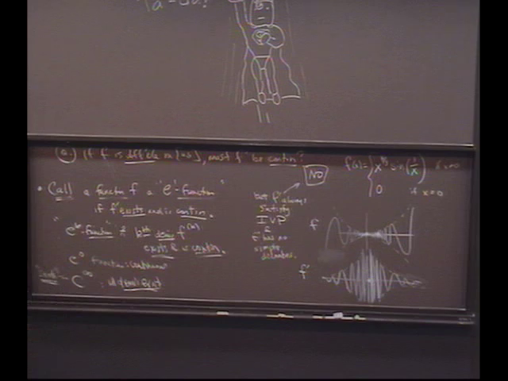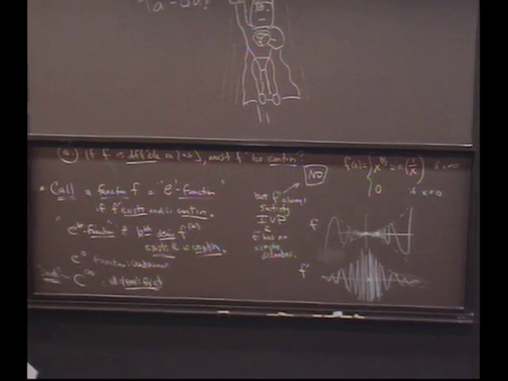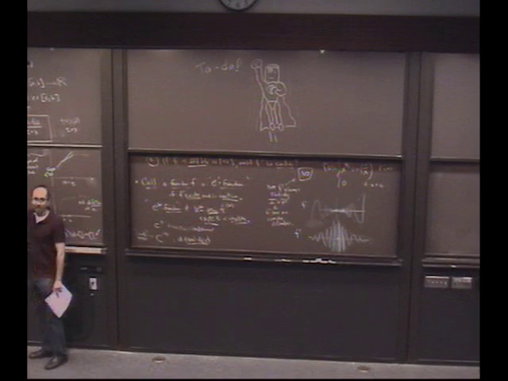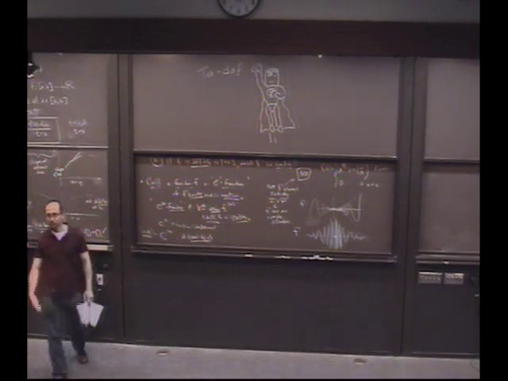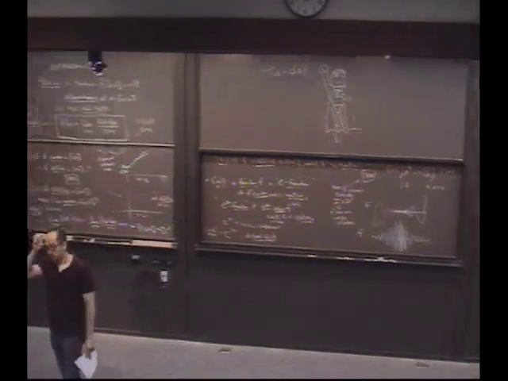So if you hear the term smooth in mathematics, it's actually a technical term. It means all the derivatives exist, and are continuous. Well, if they all exist, then they're clearly continuous.